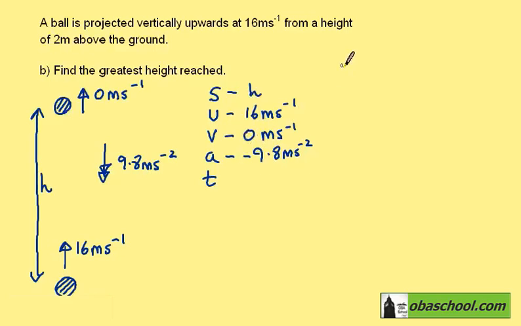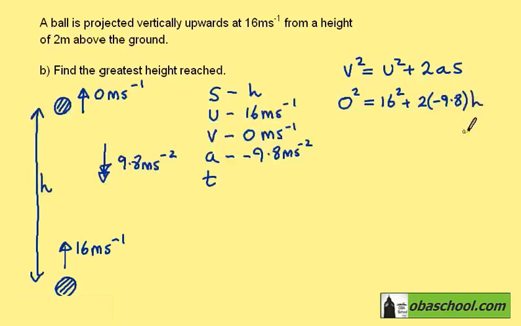These are related by v squared is u squared plus 2as. So 0 squared is 16 squared plus 2 times minus 9.8 times the height.